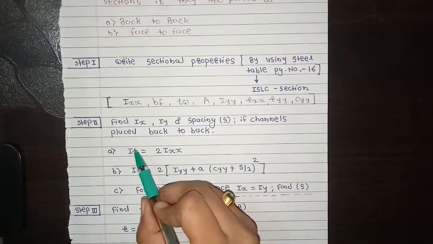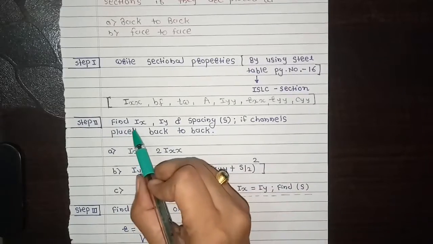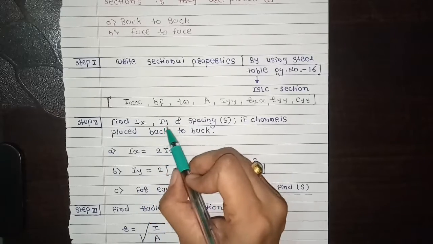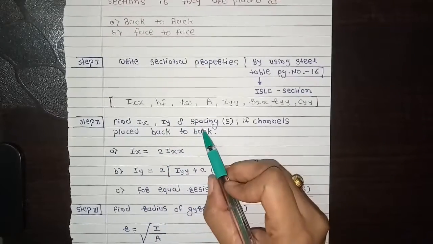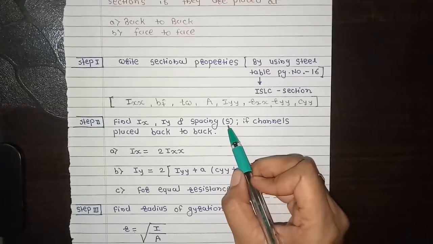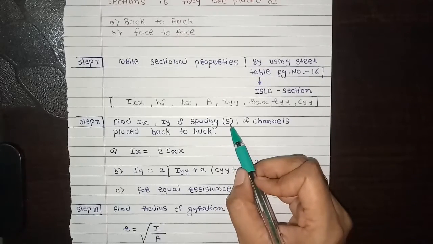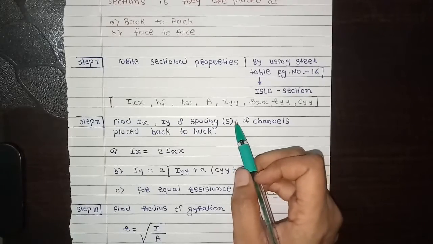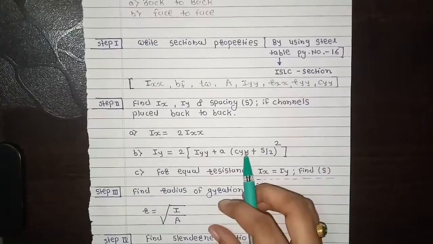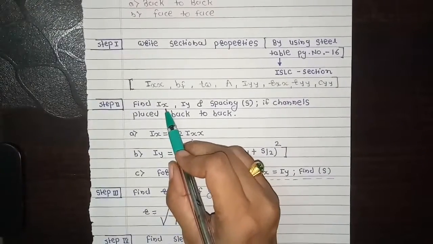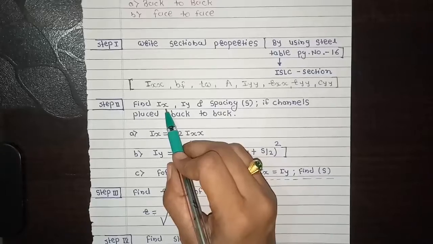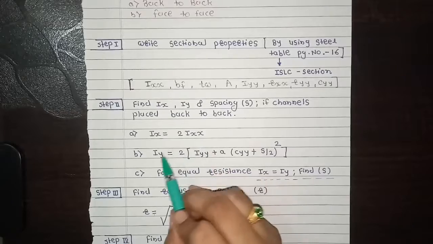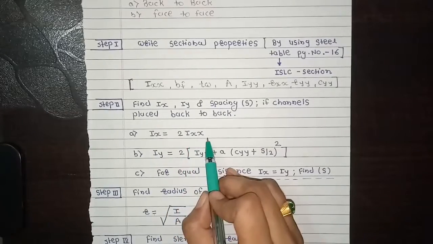Condition, if channels placed back to back. Ix means moment of inertia about x-axis, Iy moment of inertia about y-axis, and to find spacing between two channel sections if they are placed back to back and face to face. Okay, so how to calculate moment of inertia about x-axis for channel section? Ix is equal to 2Ixx.